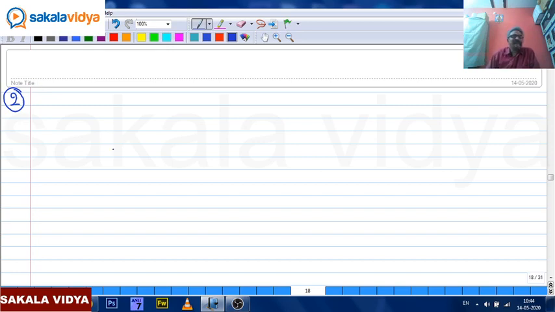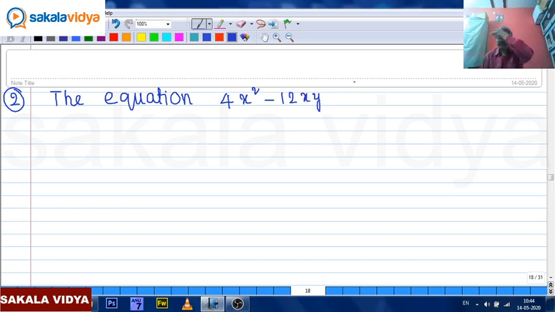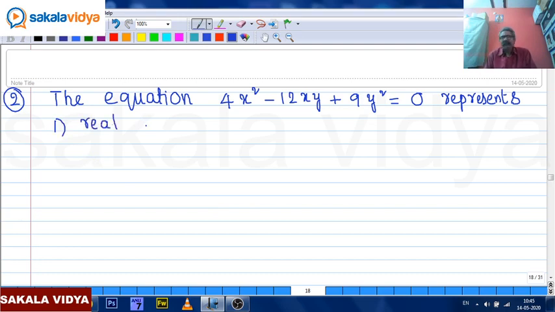This is an open-ended question. The equation four x square minus 12xy plus 9y square equals 0 represents: first, real and distinct lines.